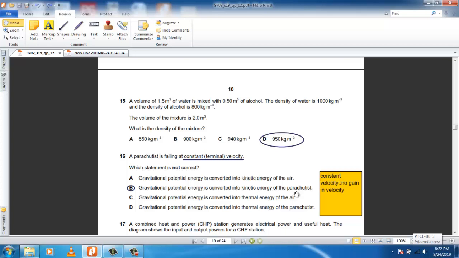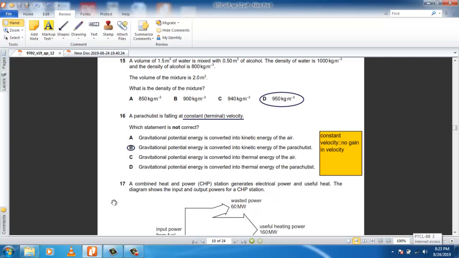If the velocity is constant, half mv square is constant. There is no increase in kinetic energy. So it's B. The rest can be possible because thermal energies are always possible in the air or of the parachute.